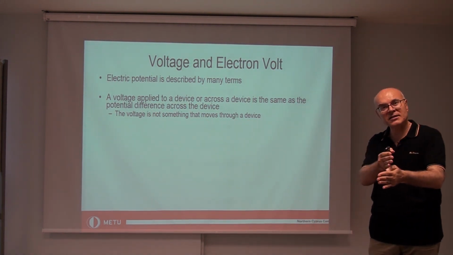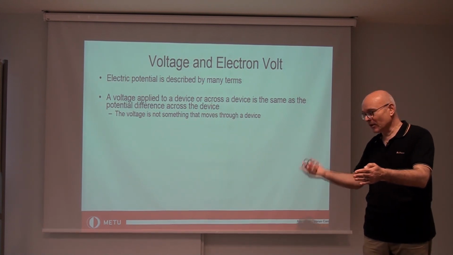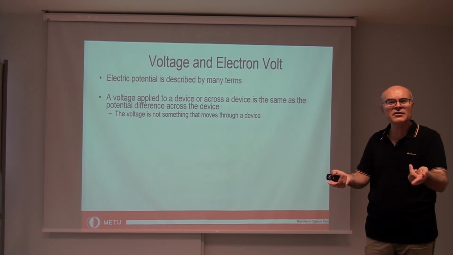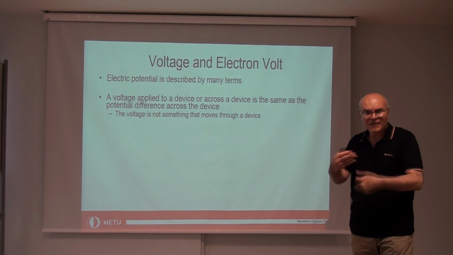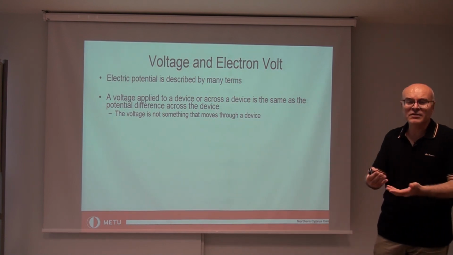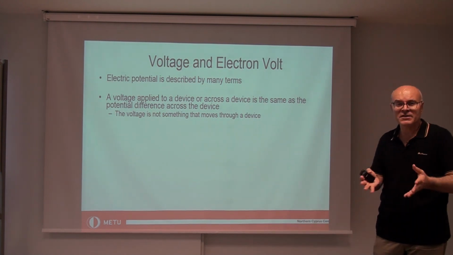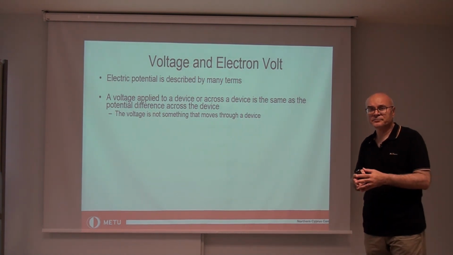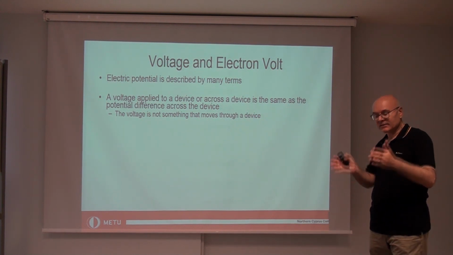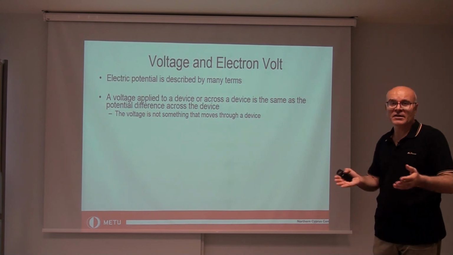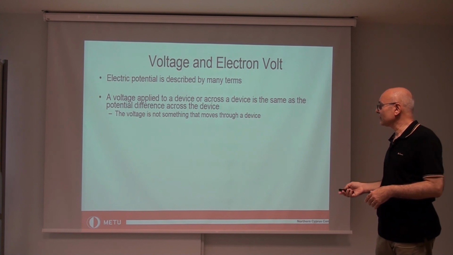So as charge gets transferred, that is, as current flows in the device, charge is moving from one point to another, and there is a change in the kinetic energy and the potential energy of the charges, and this change in the potential energy is what gets transferred to other forms of energy, and this is how you transfer energy to a device. But the idea is that this voltage is nothing but a potential difference across the device that is used.